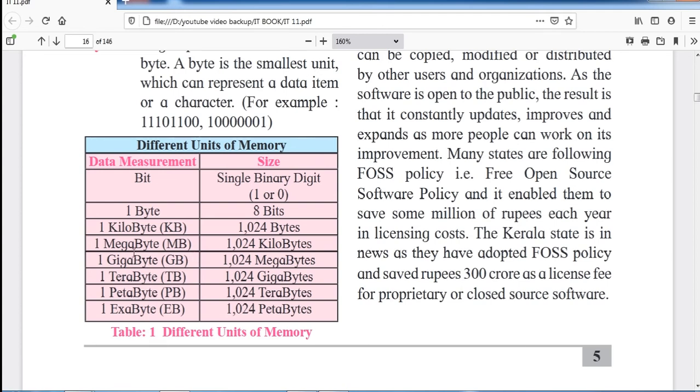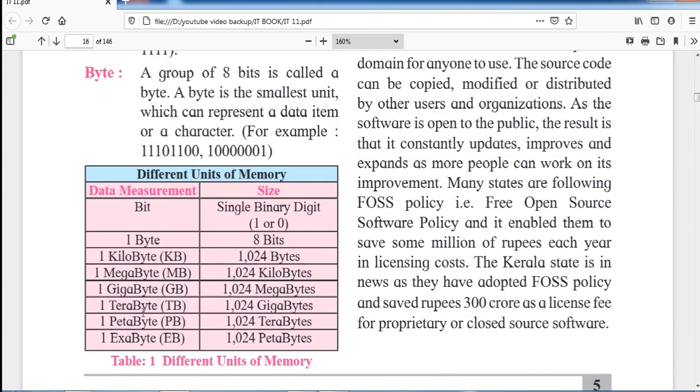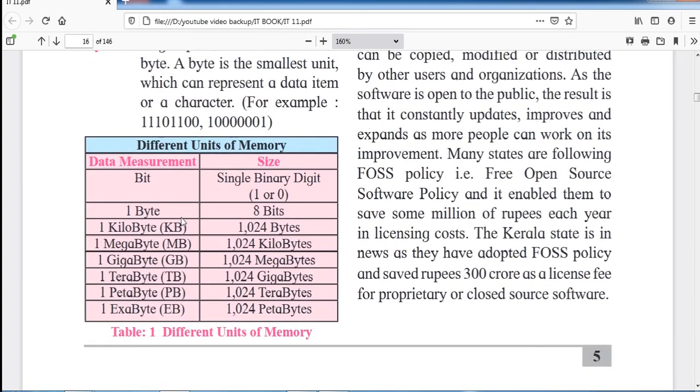This is the measure of that quantity. 1024 gigabytes is 1 terabyte. 1024 terabytes come together to make 1 petabyte, and 1024 petabytes make 1 zettabyte. There are more also, but we are looking at this much only.